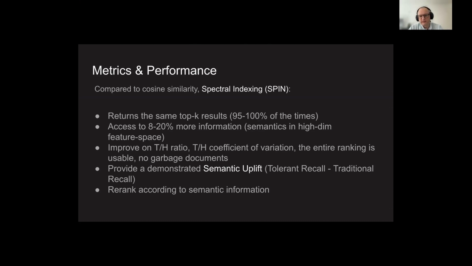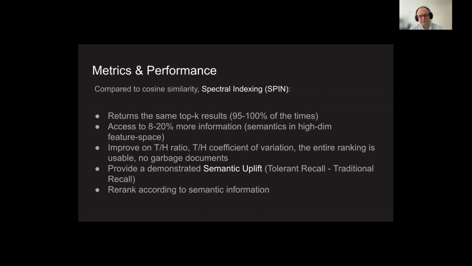We found that we can retrieve the same top K results while accessing 80-20% more information. That is all the semantic information that was left on the table by running geometric-only searches. We measured this with some nice scores and metrics that we developed in the paper.